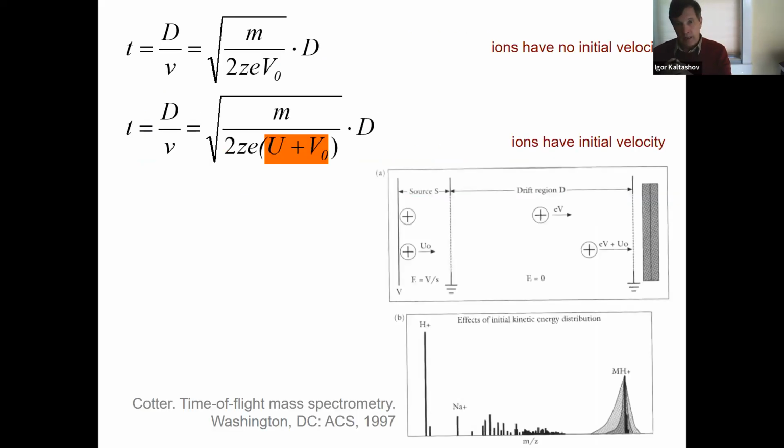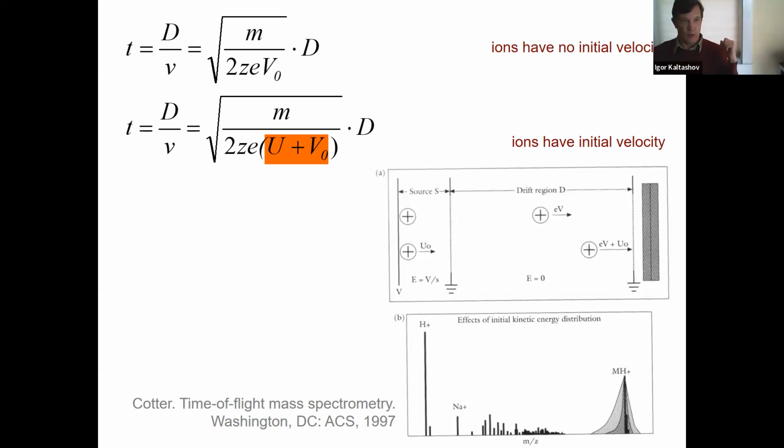I want to deal with just one of those things, just to illustrate the ways we can use to overcome this difficulty. Again, for illustration purposes, I randomly selected one particular issue: ions having an initial velocity distribution which is not related to the acceleration.